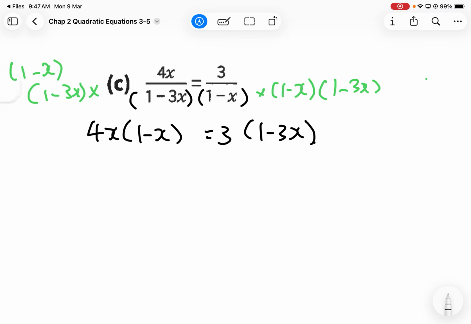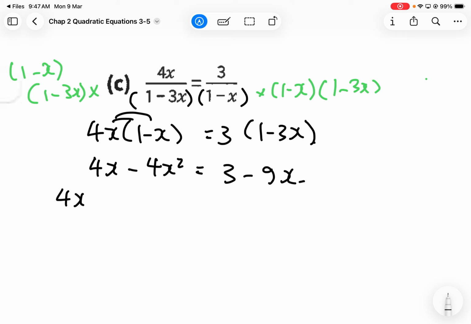Okay? Then once we get here, I know that I still want to arrange x squared followed by x followed by number. So I need to simplify. I need to expand out the brackets. Then I will have 4x minus 4x squared equals 3 minus 9x. Then put all the x squared terms together, put all the x terms together. 4x and minus 4x squared never change side, so never change sign.